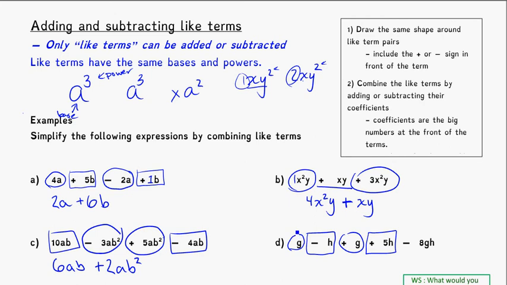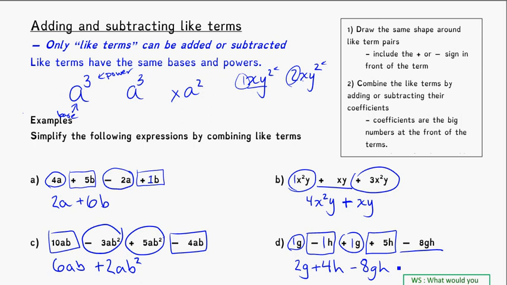But let's combine the circles here. I have 1g plus another g, that's going to give me 2g total. I have minus h, that's minus 1h, plus 5h, so 5 minus 1 gives me plus 4h. And then this stays the same because it doesn't have any partners, minus 8gh.